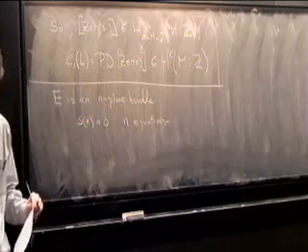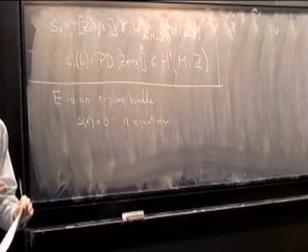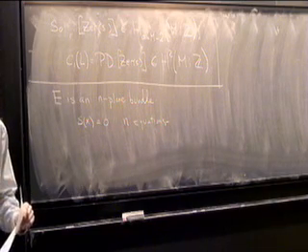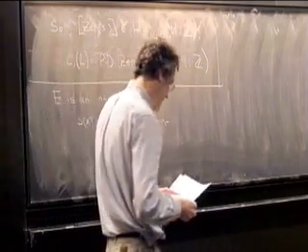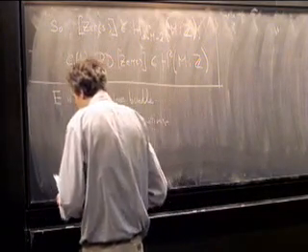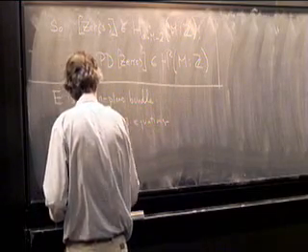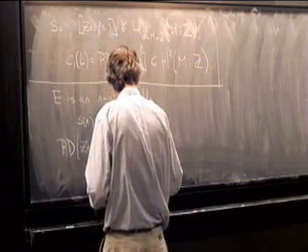Because in a local trivialization, S of X is going to have n components. So that's n real equations for a real vector bundle, n complex equations for a complex vector bundle.